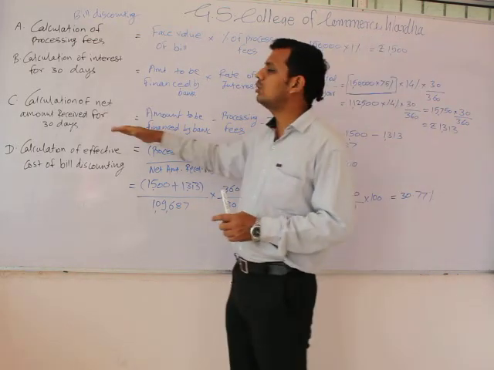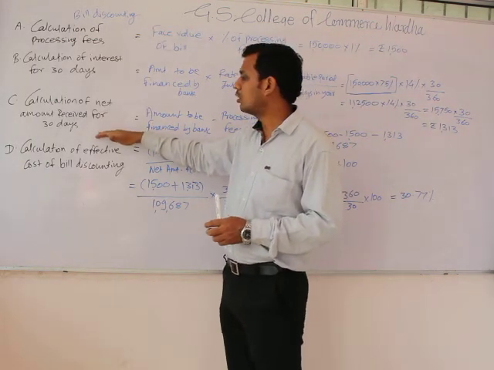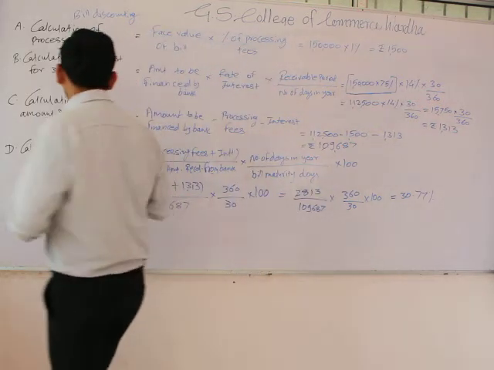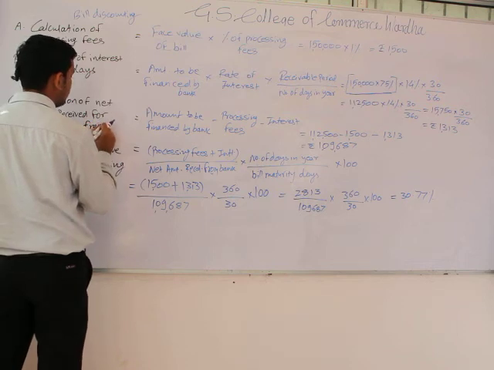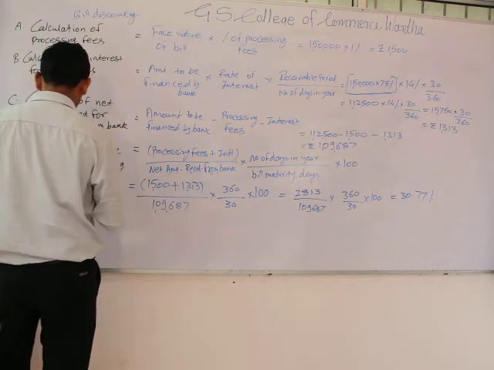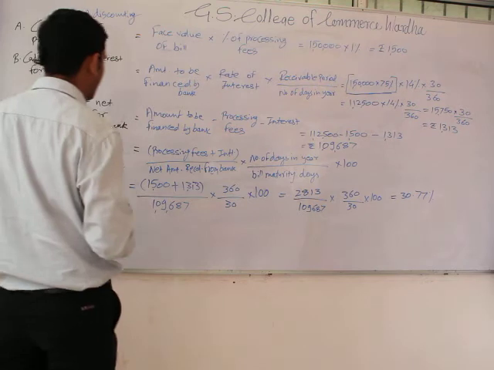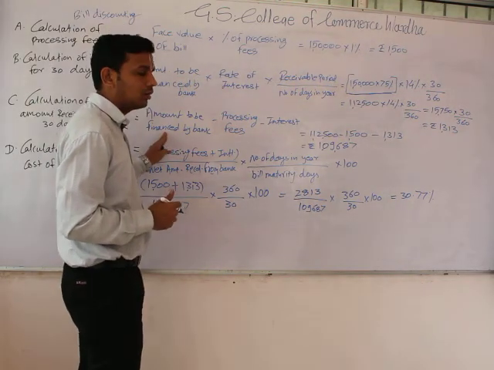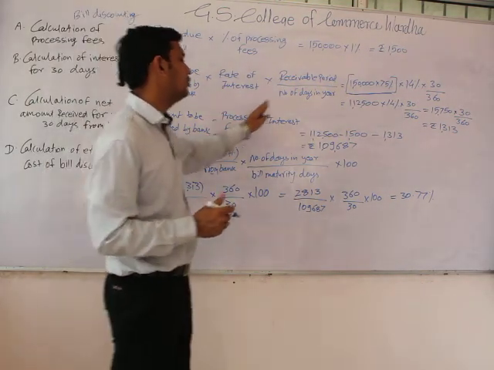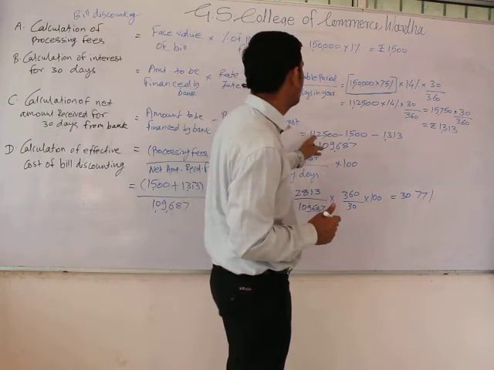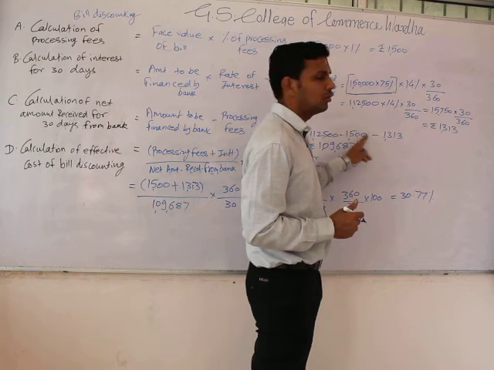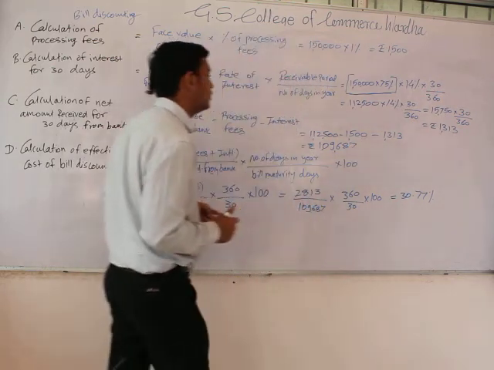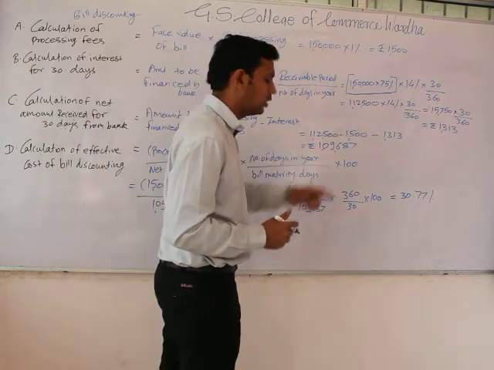Third was the calculation of net amount to be received for 30 days from bank. What amount we would receive till 30 days from bank: the amount financed by bank minus processing fees and interest, which were the expenses. So 1,12,500 minus 1,500 minus 1,313, that was 1,09,687.